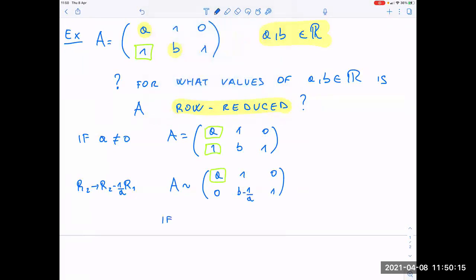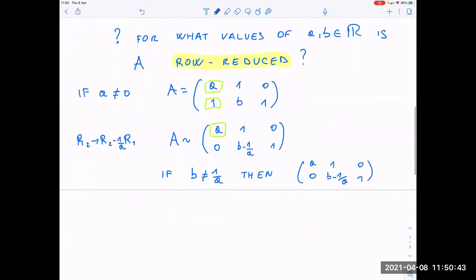If B is different from 1 over A, then what I want to say is that this matrix here is now row reduced.